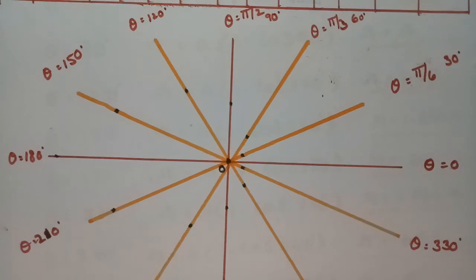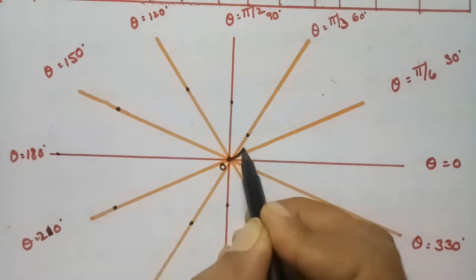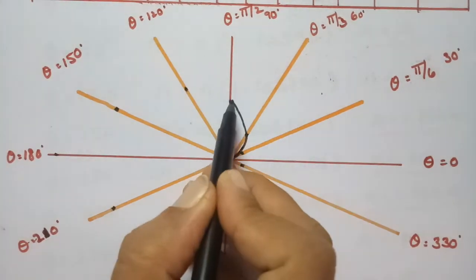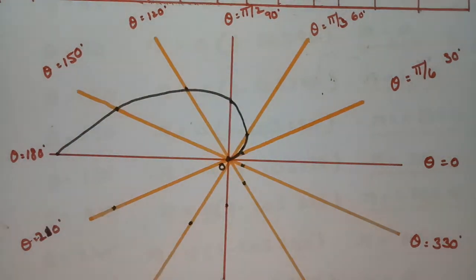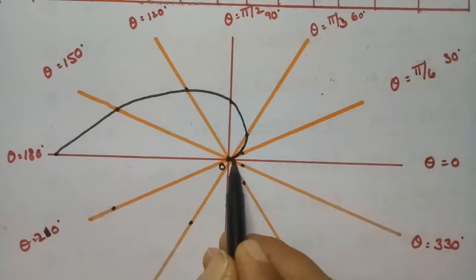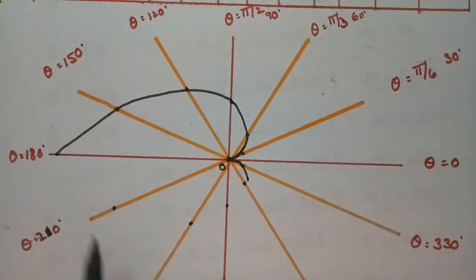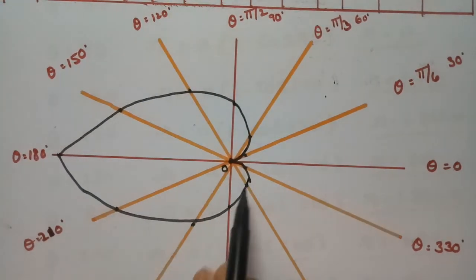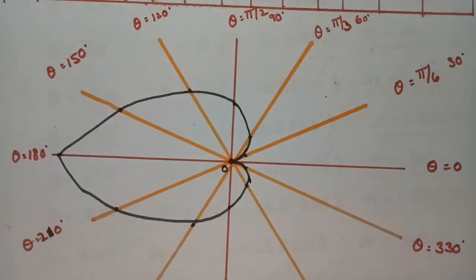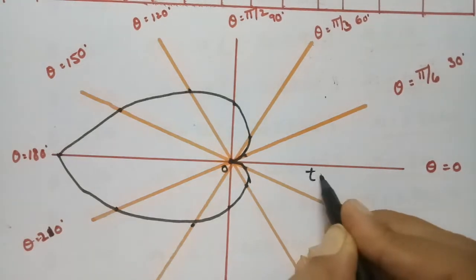See here, now I have to plot all these. See how I am joining all these. I'll join all these as it is symmetric about the initial line. So now see, I have to join all these points, and this is the shape of the cardioid, that is r is equal to a into 1 minus cos theta, and theta is equal to 0 is the tangent at pole.